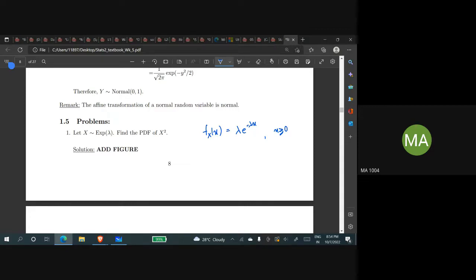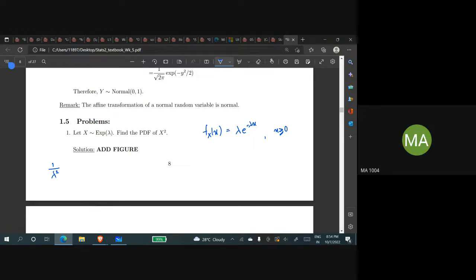Okay. Any answer? 1 by lambda square. 1 by 2 root y lambda e raised to minus lambda root y. Wait, can you repeat again?